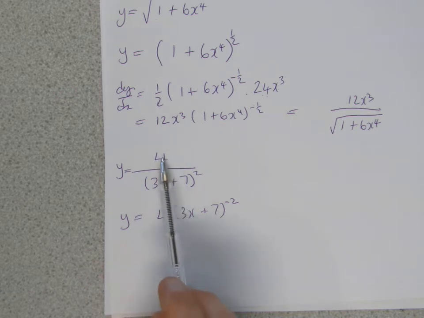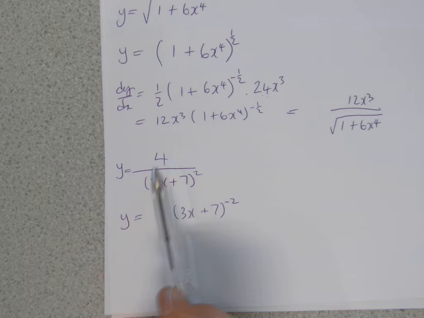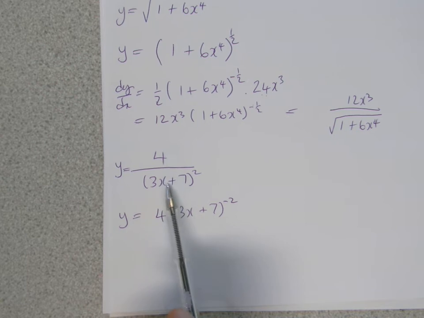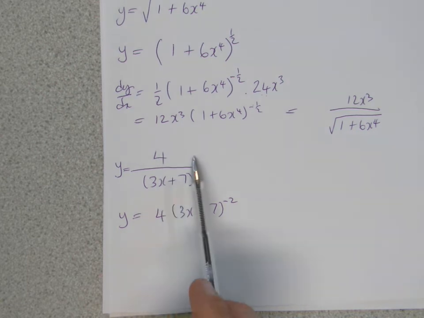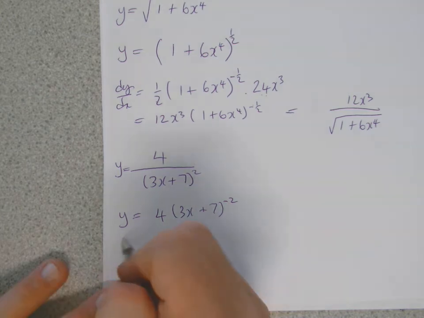So this is the constant at the top, then you can take what's on the bottom up, all right? Later on, we look at questions where you've got x's on the top and the bottom, and we'd have to think of that as the quotient then, right? And use the quotient rule with two functions, one on the top, one on the bottom. When you've got a constant, you can just take what's on the bottom up as a minus power, and you can just differentiate it as a function of a function.